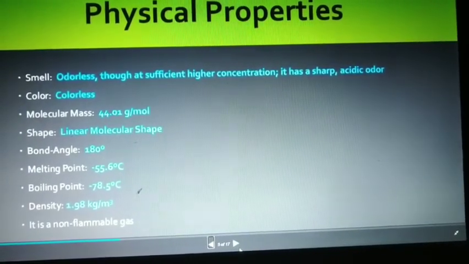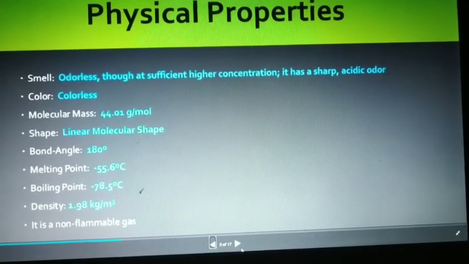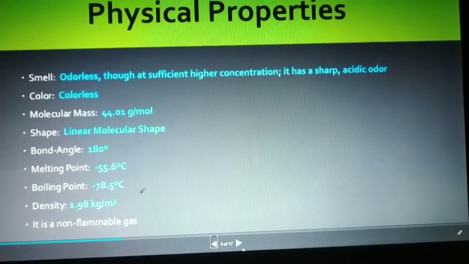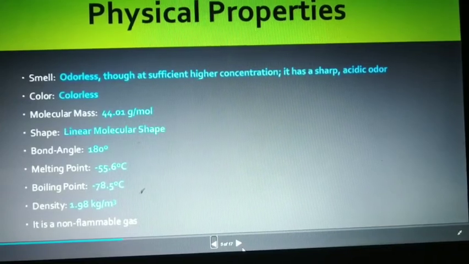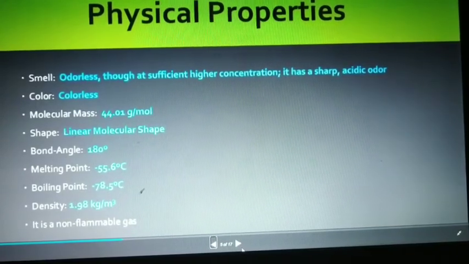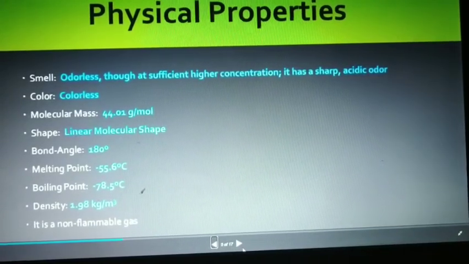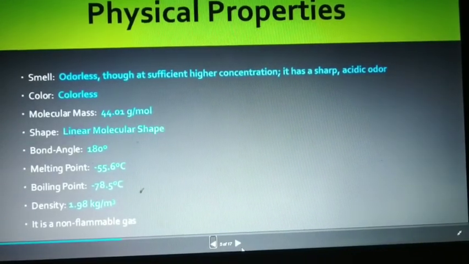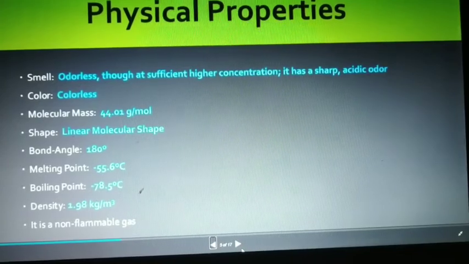What about its nature? Although CO2 is not poisonous in nature, it does not support life. Animals die in a carbon dioxide atmosphere for want of oxygen.